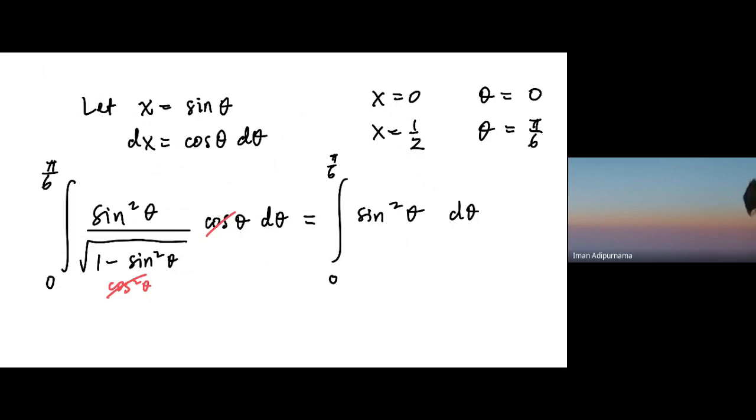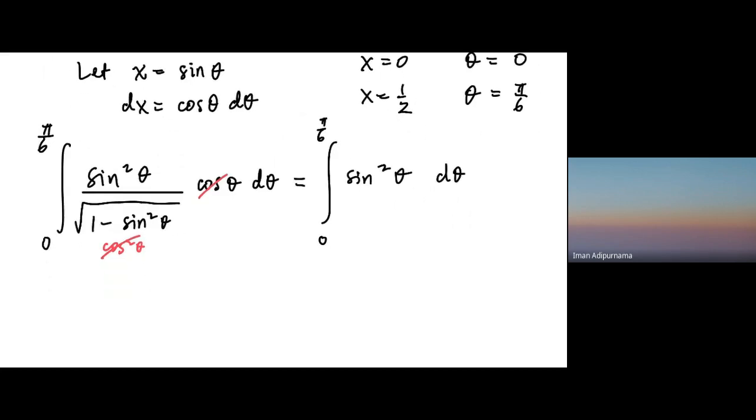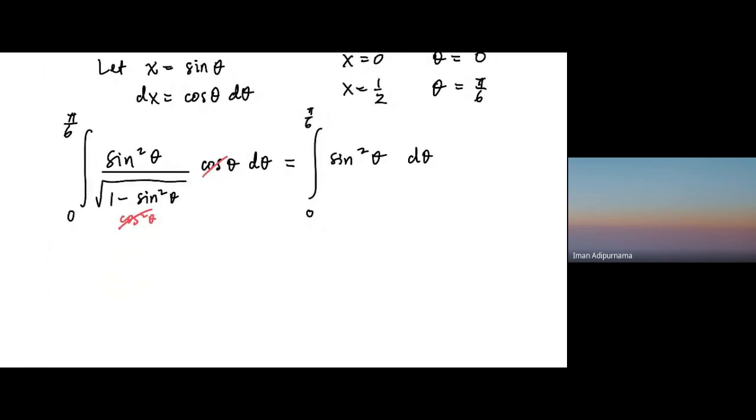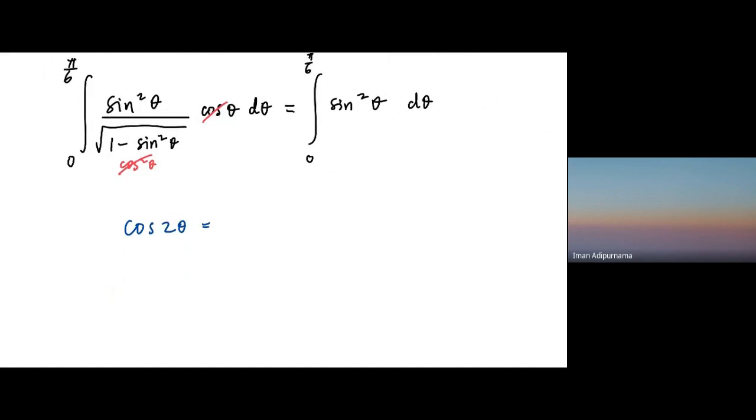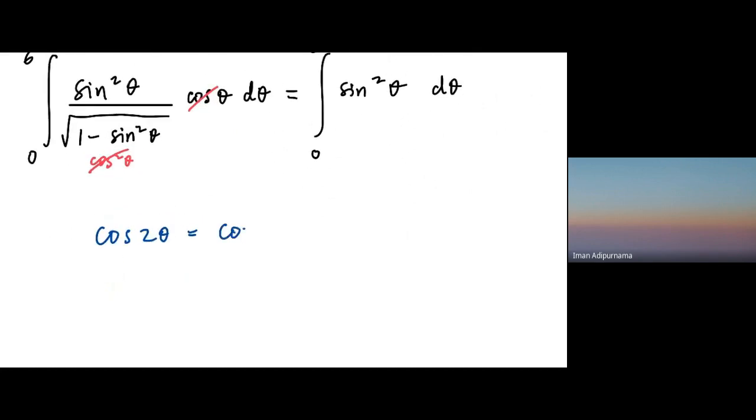Now, remember that whenever we have squares on sine or cosine, the best way to approach is using the double angle formula. Let me write the whole formula for you. The basic formula is cos squared theta minus sine squared theta. You can exchange cos squared with 1 minus sine squared, or 1 minus cos squared for sine, depending on which you are going to replace.